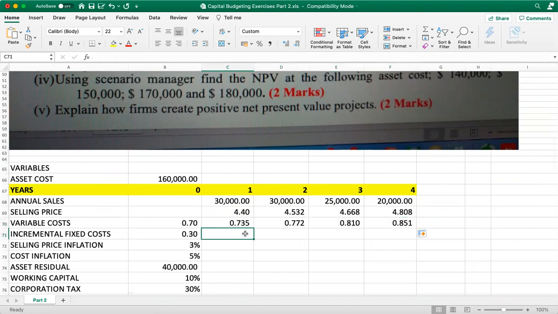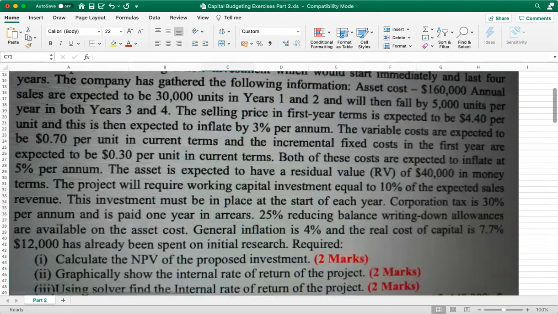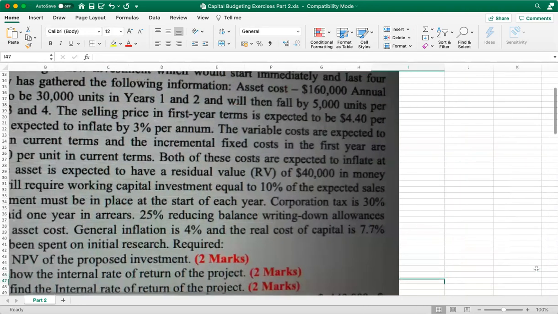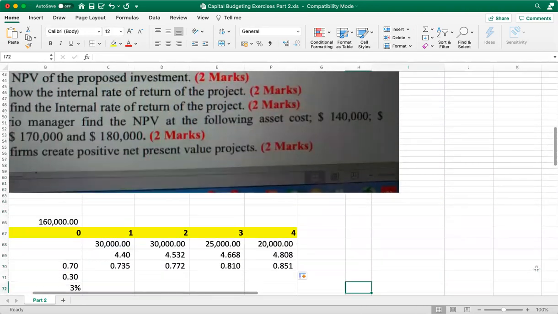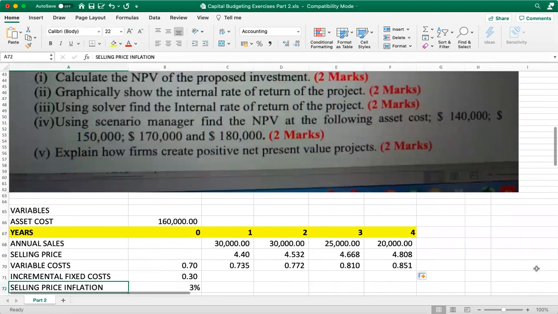Next, we have incremental fixed costs. So again, we go up to the question and check. The incremental fixed costs in the first year are expected to be 0.30 per unit in current terms. So, because it is current terms in year one, that will mean you inflate it.